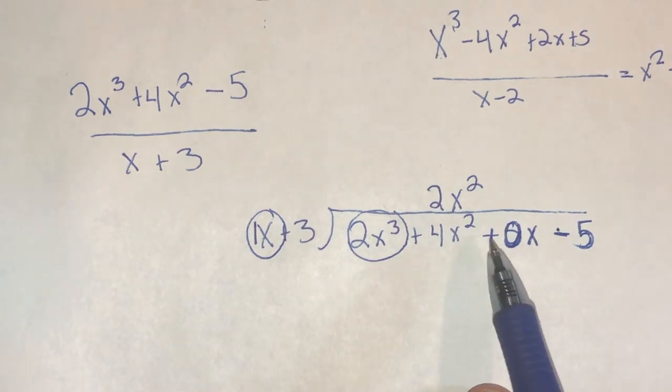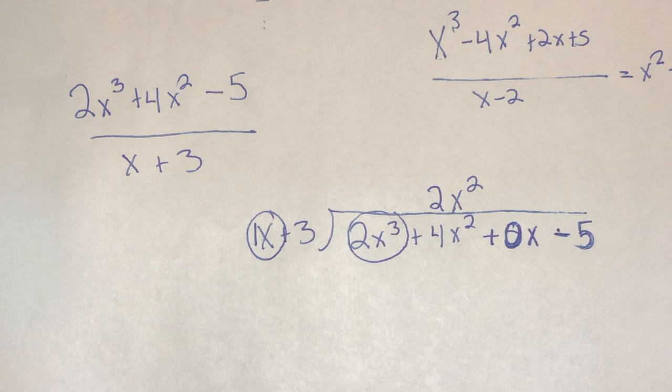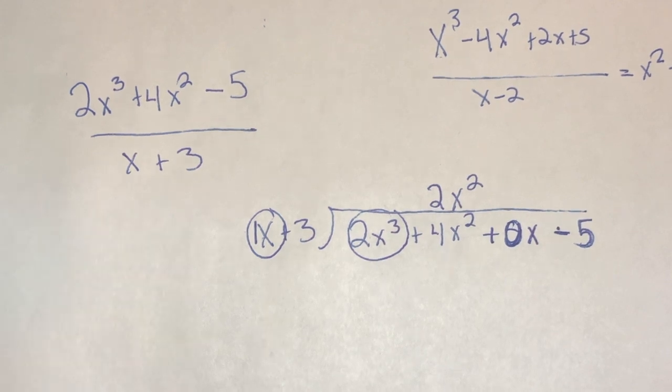This is the same thing, because having no x's is essentially the same as adding 0x. But I want to stay organized, and I promise you, putting in the 0 coefficients will help you when we investigate other methods, and it will mean the difference between right and wrong.